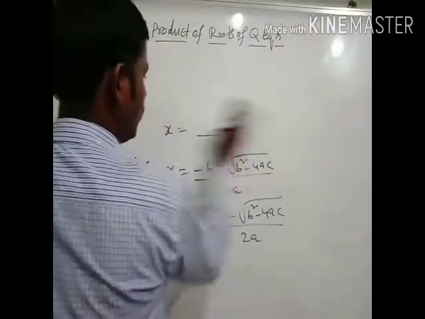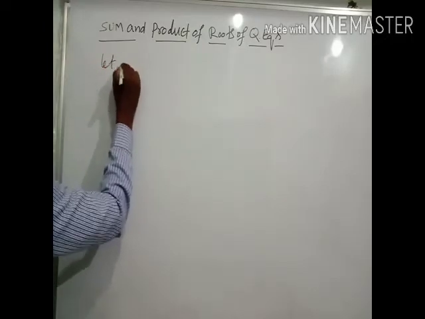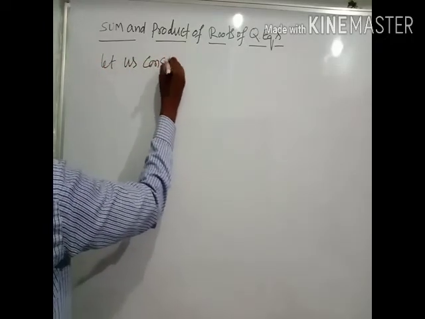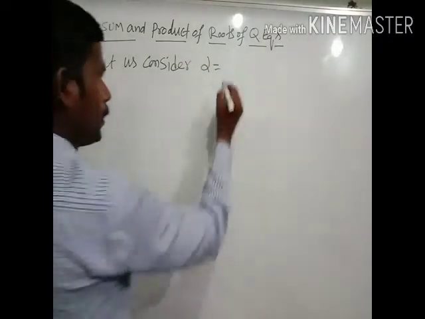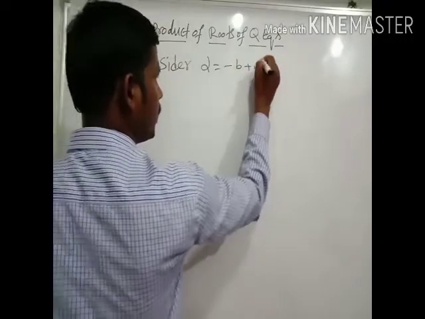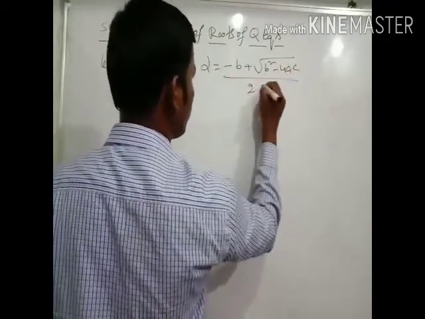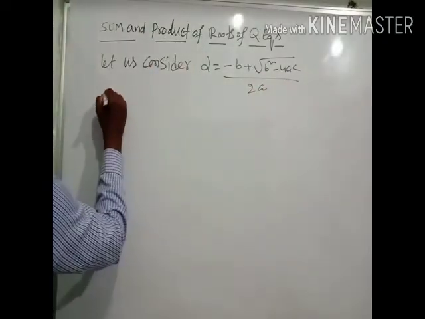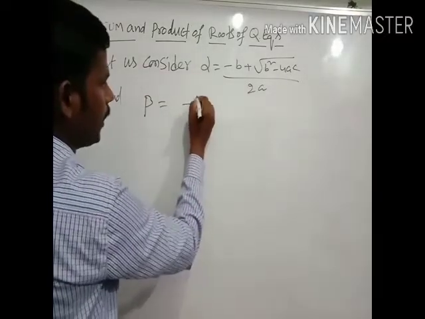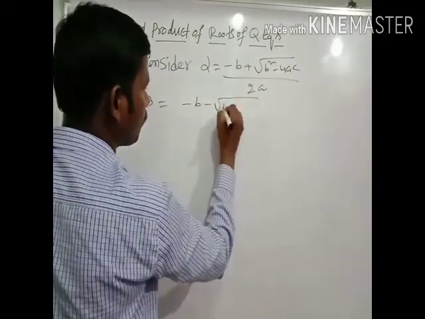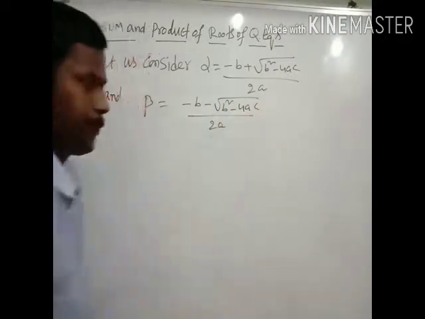Okay children, so let us consider alpha, one of the roots, alpha equal to minus b plus square root of b square minus 4ac by 2a, and beta is equal to minus b minus square root of b square minus 4ac by 2a.